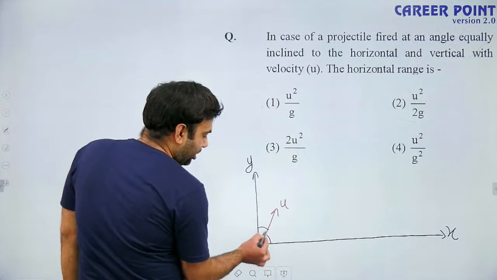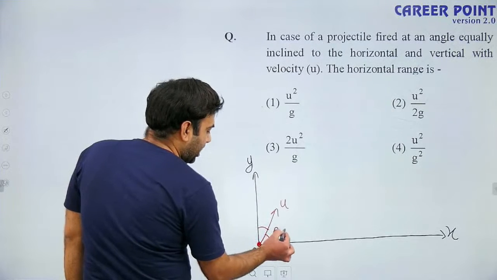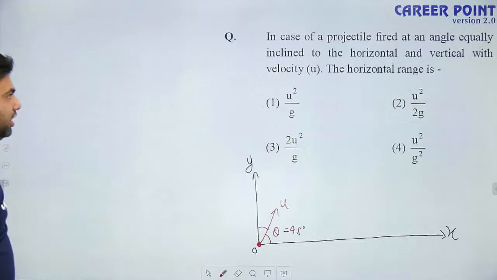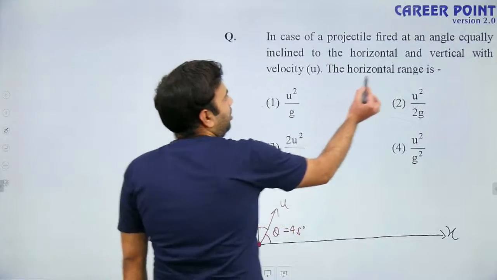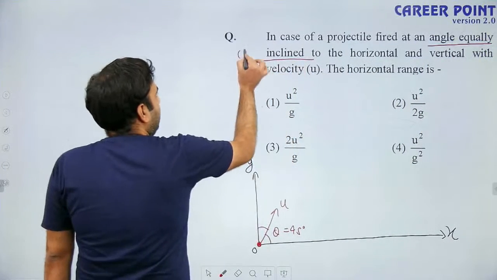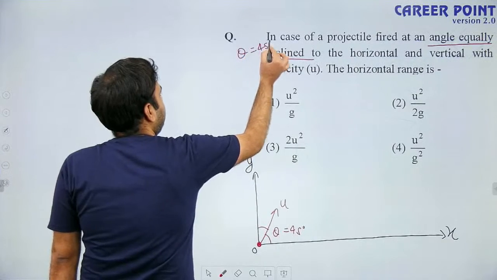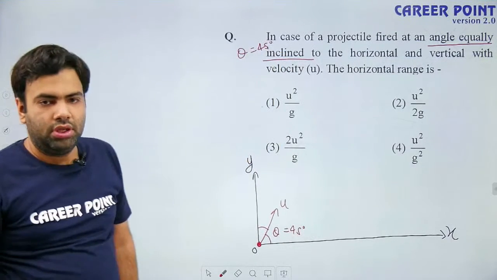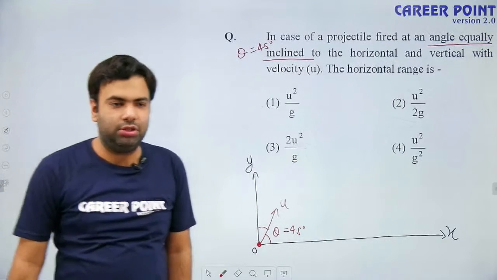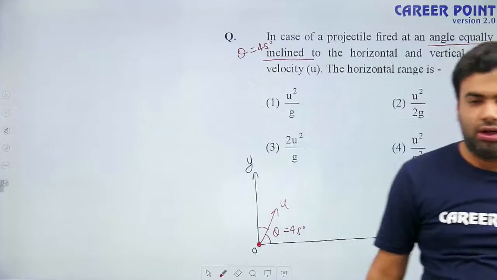That means, because they are equally inclined, this theta is equal to 45 degrees. Answer this question using live chat and let me know if you got the correct answer or not.